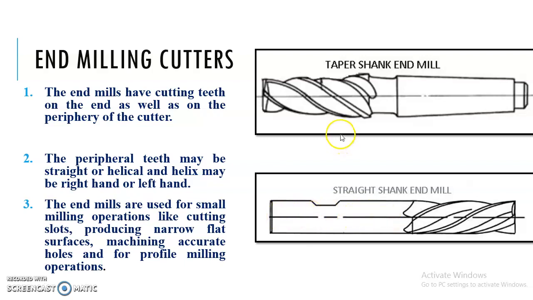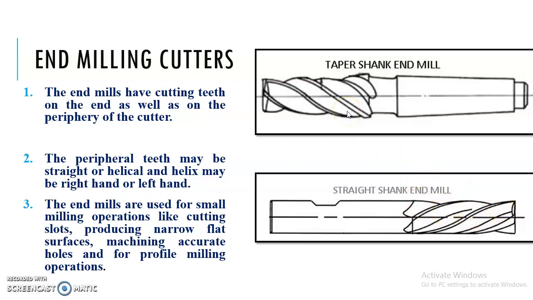But in both cases, the cutting edges are in the shape of a helix, with helical grooves generated around the periphery. It may be a straight type or a helical type, provided as right hand or left hand on the periphery of the shank. Along its length, the cutting edges are provided.